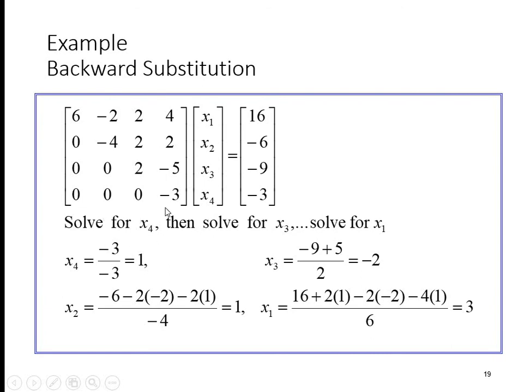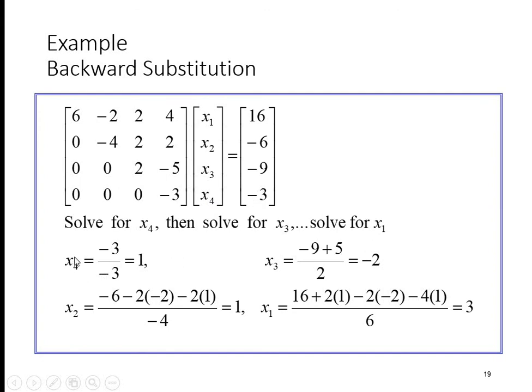If we are using backward substitution, this will be using this last row. This element times this one 0, this element times this one 0, this element times this one 0, this one times this one will give you minus 3x4 is equal to minus 3.